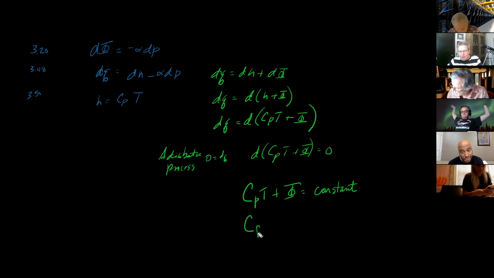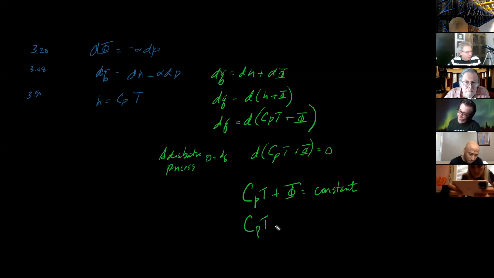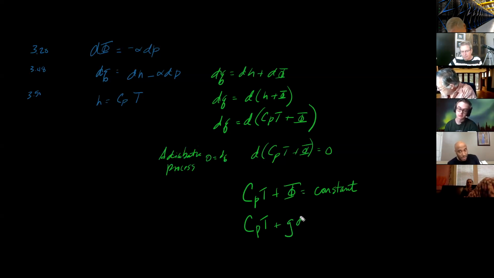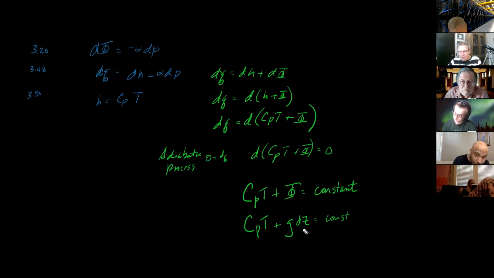But CpT plus this, which really is g dz, is a constant. So if I go higher, what does the temperature have to do?